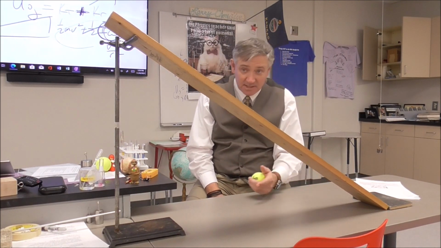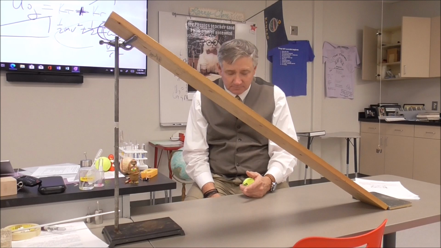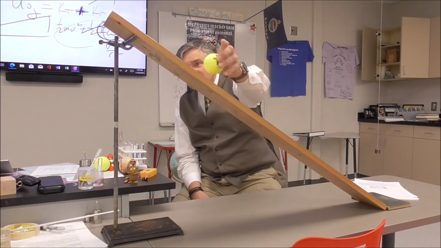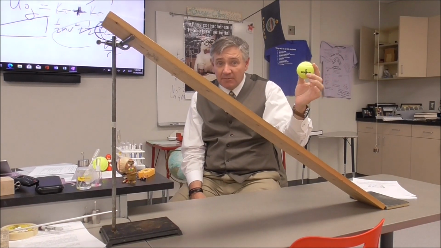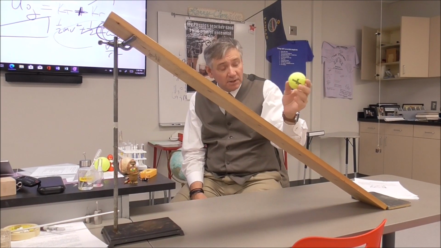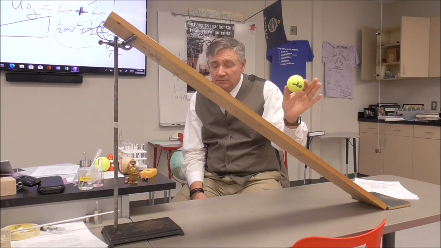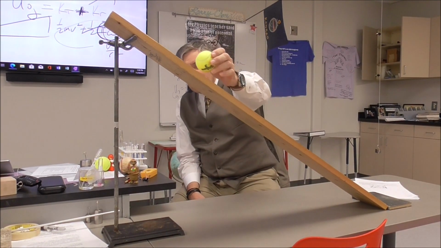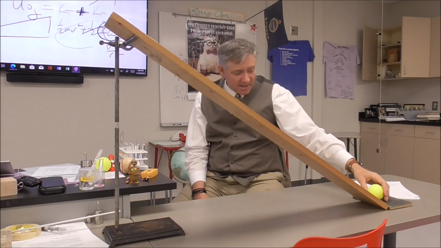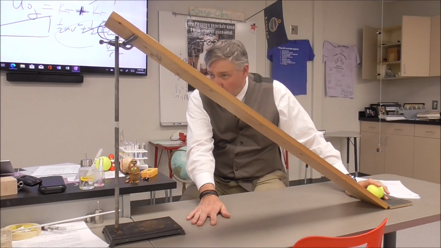Now, let me give you some hints. UG isn't too bad. Well, where are you going to measure UG from? Are you going to measure from the center mass of the ball, top of the ball, bottom of the ball? Center mass. Bottom. Because when you talk about UG, it has to be relative to a point.